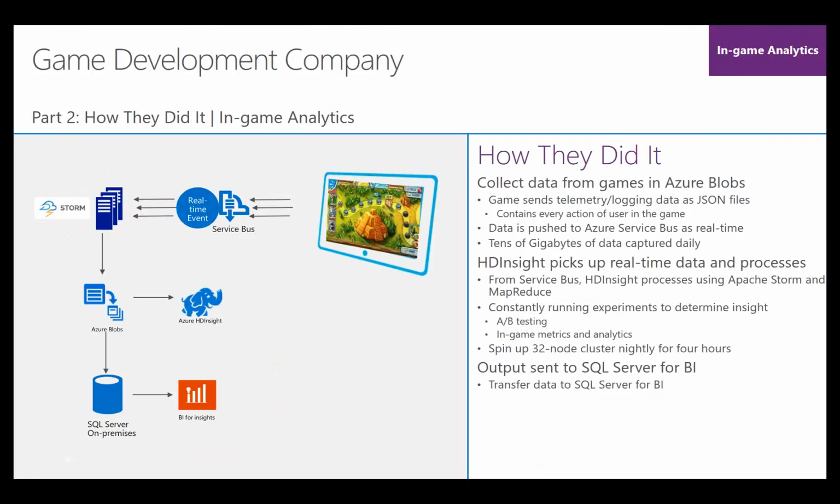Hadoop on-prem does not allow you to do that. In the cloud, what you do is you load your data, you store it up in the cloud, and then you build one or more clusters pointing to that data as you need it. So they're only paying for 4 hours of compute every day. And then at the end of each processing cycle, they extract some of that data and send it back to their SQL Server on-prem, and they do their typical reporting that they have the rich infrastructure built around.